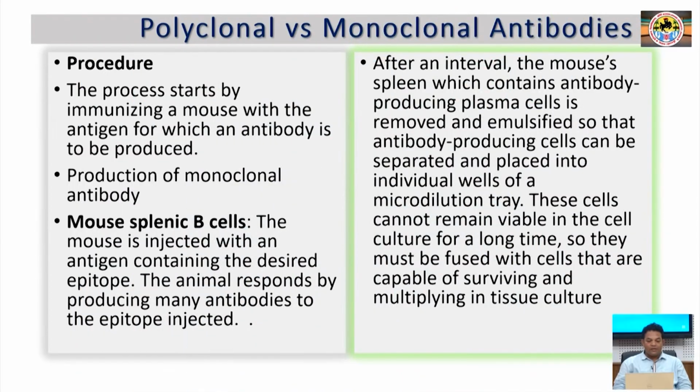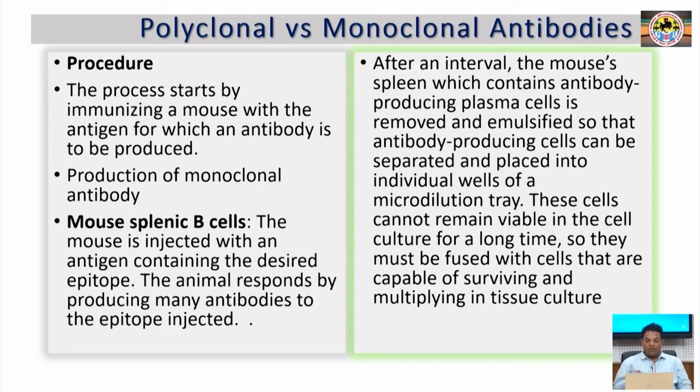So, the process starts by immunizing a mouse with the antigen for which an antibody is to be produced. This is the first step. The antigen of interest we have to inject in the mouse. It is called the immunizing procedure.